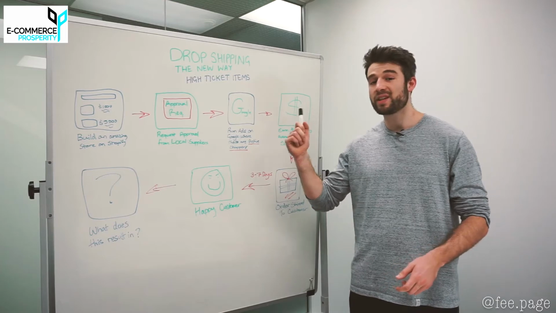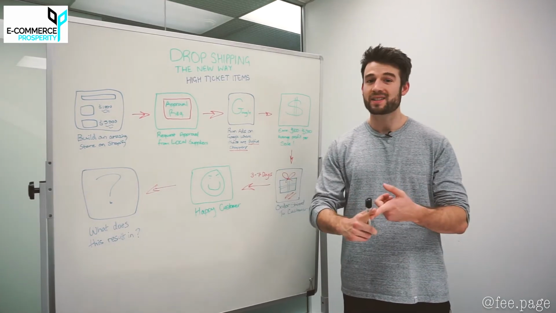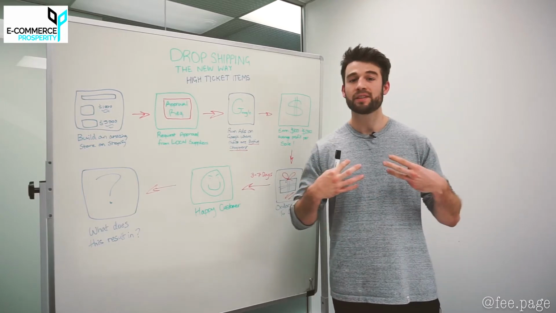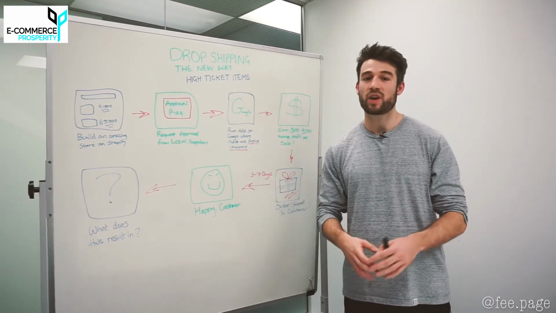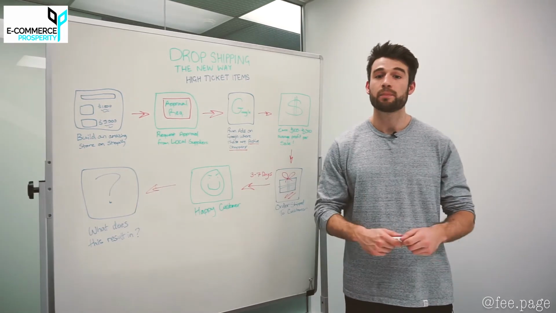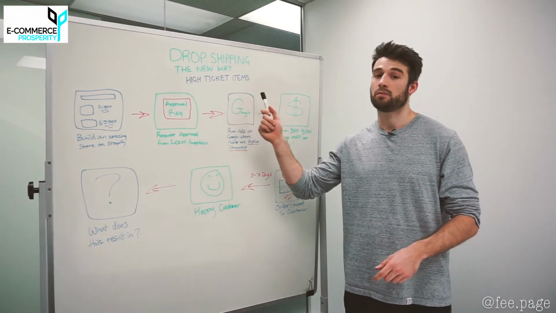In comparison to the AliExpress model: long shipping times, low profits, angry customers. In my opinion, it really doesn't make sense to invest in the AliExpress dropshipping model. Instead, I would highly recommend that you focus on the high-ticket model.